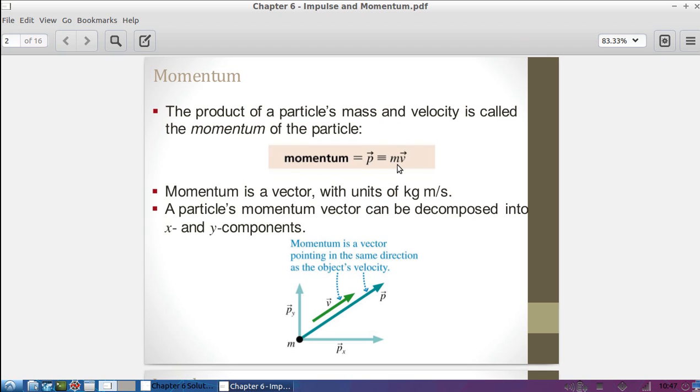So a little exercise I usually do in class: make this v a delta v over delta t. And so this would have to be delta p over delta t. But delta v over delta t is a, so this would be acceleration. This would be my change in momentum with respect to time. The right side would be ma, which is net force.